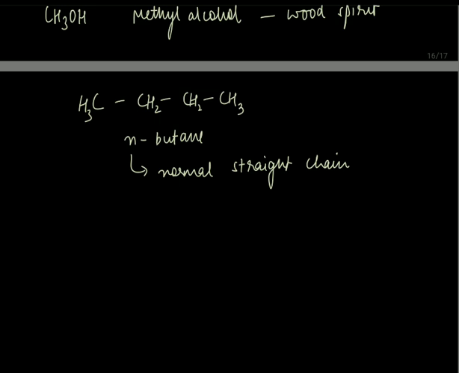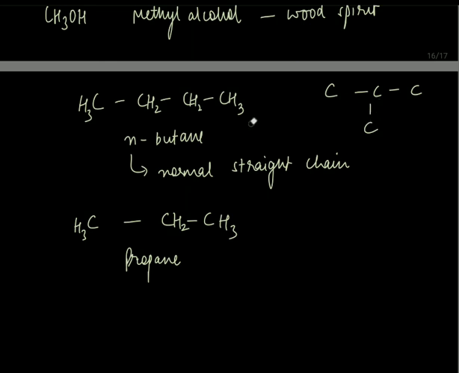One more thing I wanted to add: if I'm going to write propane, we are just going to write propane even in the common terminology, because you can't have a branch here. See, this butane, having four carbon atoms, we can write an isomer of butane.